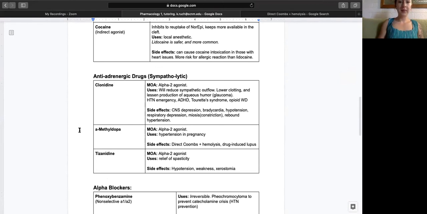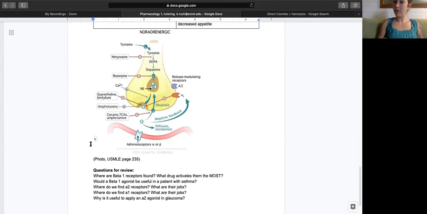Great. So a lot of these drugs are alpha-2 agonists. And remember, alpha-2 is the only one that has a receptor on the presynaptic neuron. We will review again. Here's alpha-2. When a bunch of norepinephrine comes out of the presynaptic neuron, it's all concentrated here in the cleft.